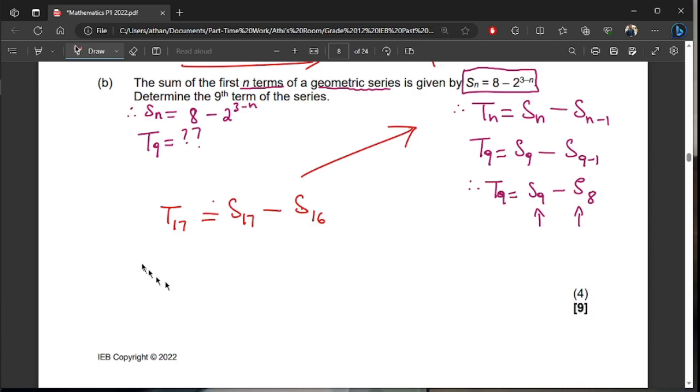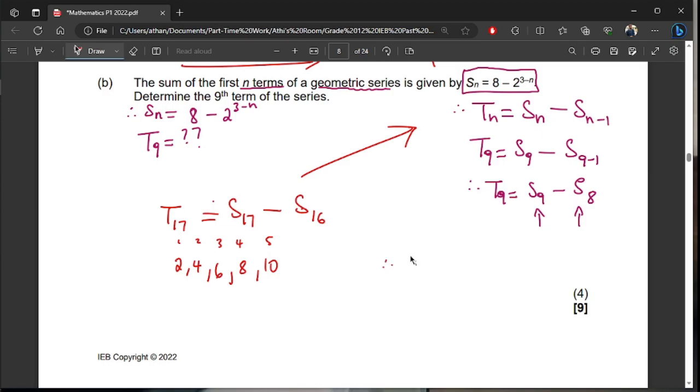If we make it practical, let's say I have this sequence here: 2, 4, 6, 8, 10. This is term 1, that's term 2, that's term 3, that's term 4, that's term 5.